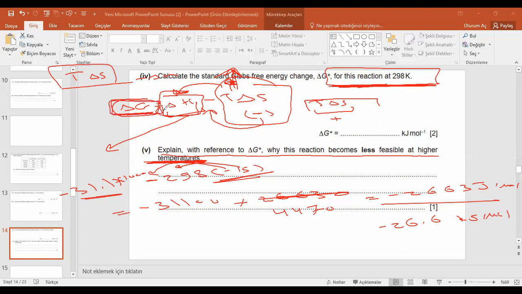The reaction will not be feasible at higher temperature.